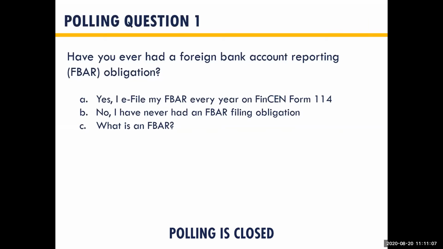Thank you, Amy. As those are finishing up, I'm just going to comment while we're waiting. The world is getting smaller, and I'm seeing more and more people that have ownership in foreign bank accounts. That isn't translating here in the polls very clearly, but it is.